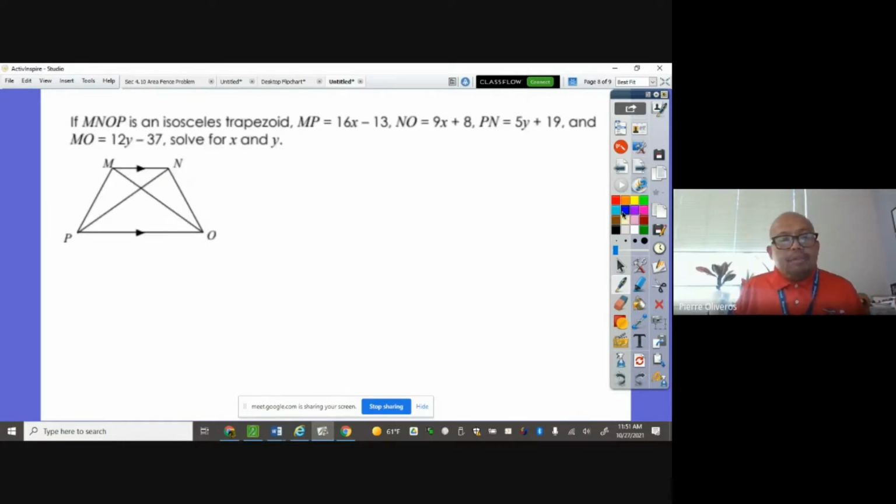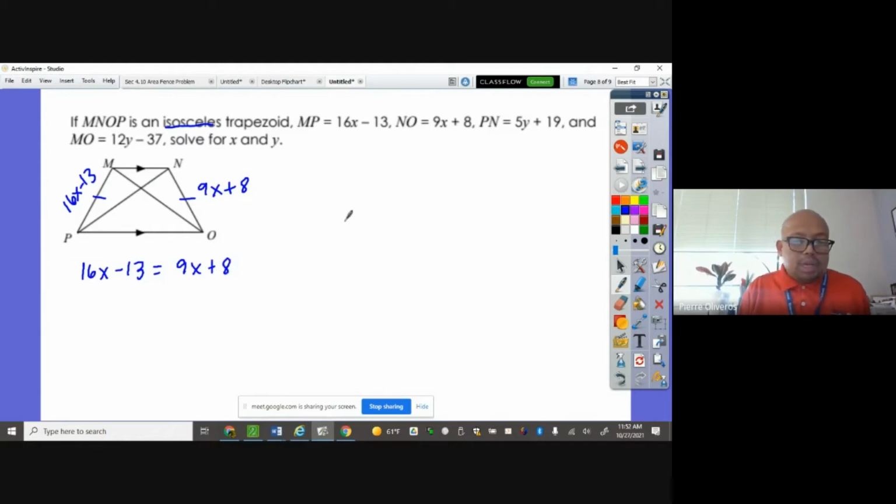All right, so we're given here MNOP is an isosceles trapezoid, so the legs there are congruent. MP is 16x minus 13, so this is 16x minus 13. NO is 9x plus 8. So I know it's an isosceles, so the legs have to be congruent. So I know that 16x minus 13 is equal to 9x plus 8.